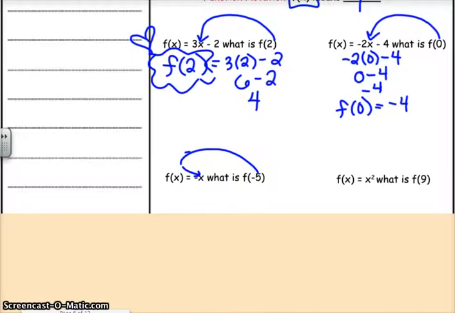So I would say that's going to be a negative, because that's there, and x is negative 5. What's negative negative 5? Positive 5. So proper math etiquette, I would say my function at negative 5 is 5.